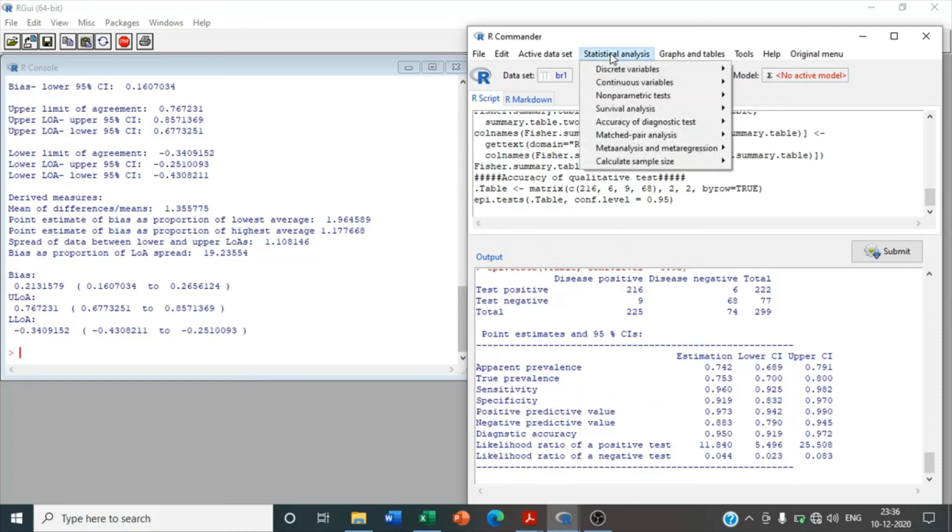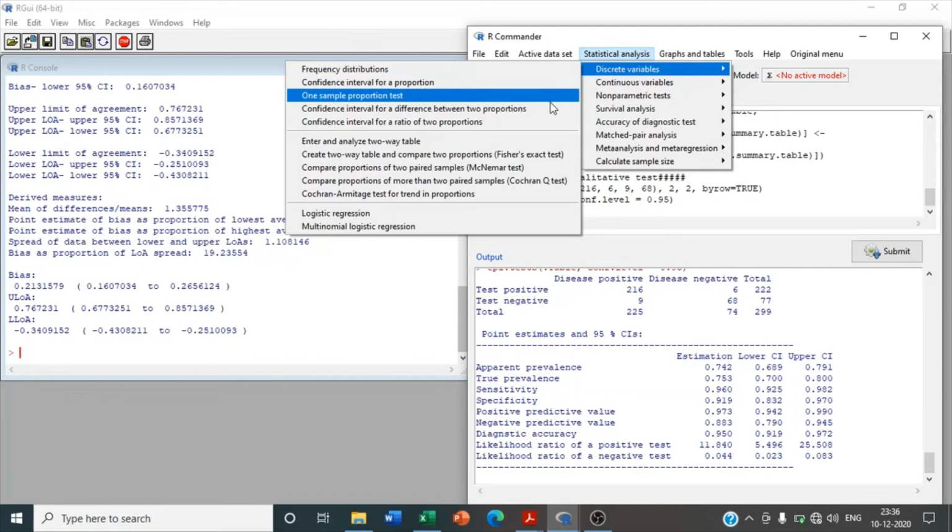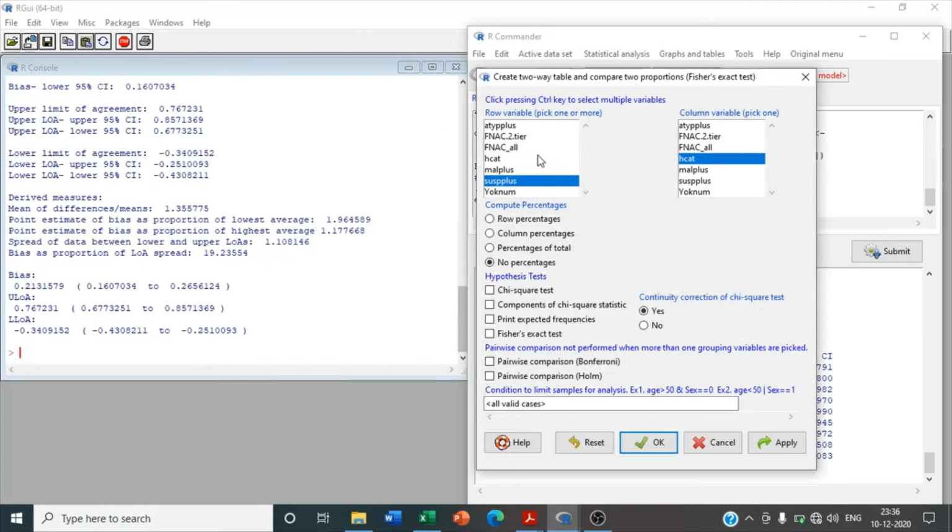Now let us find out the sensitivity and specificity for using only the malignant as malignant, and all others as benign. So that would be mal plus over here. The column variable is still the reference standard, the biopsy.